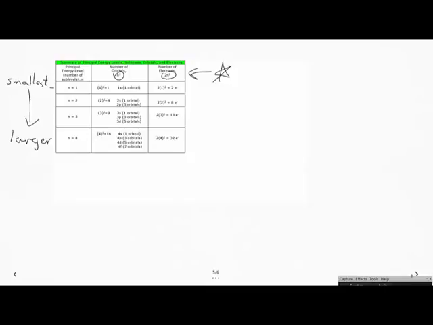In the second orbital, you have both s and p shells, and you can have a total of 8 electrons. In the third orbital, there are 3 subshells, s, p, and d, and you can have a total of 18 electrons. In the fourth orbital, you have 4 subshells, s, p, d, and f, for a total of 32 electrons.